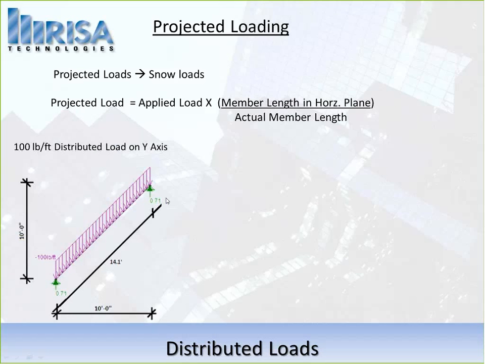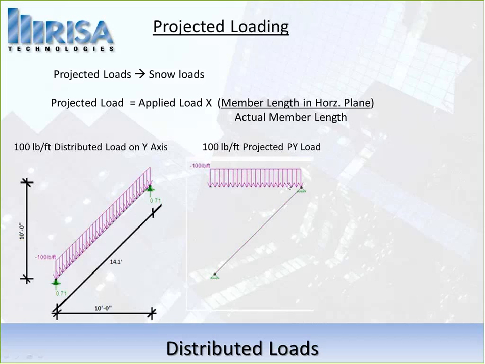So this is a longer member than the 10 feet. So for ceiling tiles or shingles or anything that you're applying as a dead load, yes, that's a longer load. That is per square foot of that member. But for a snow load, what really happens is it applies over that distance of the sky, or the acreage of coverage there.